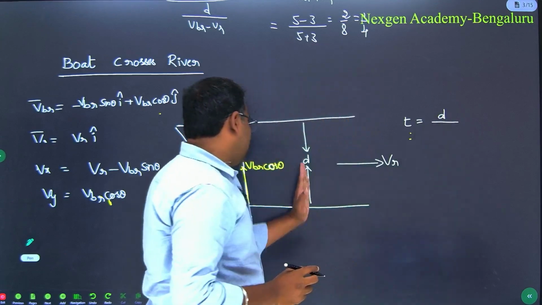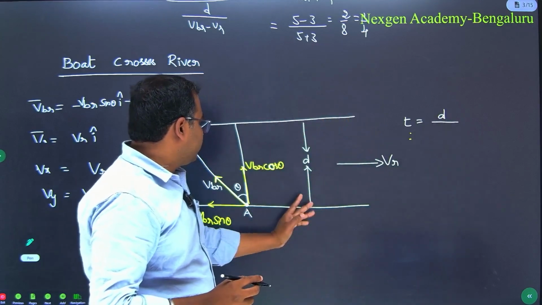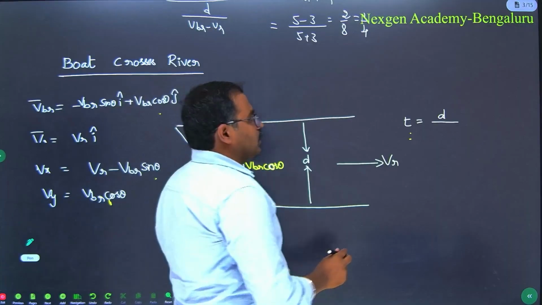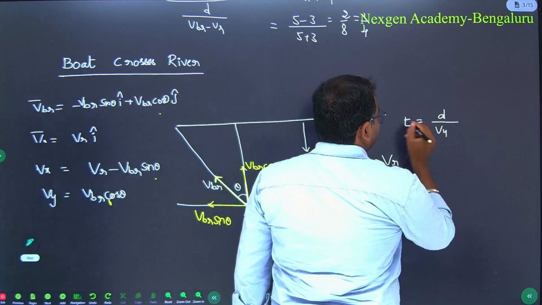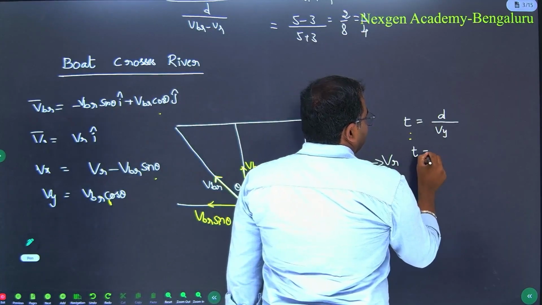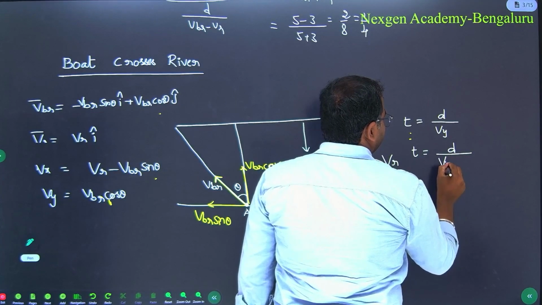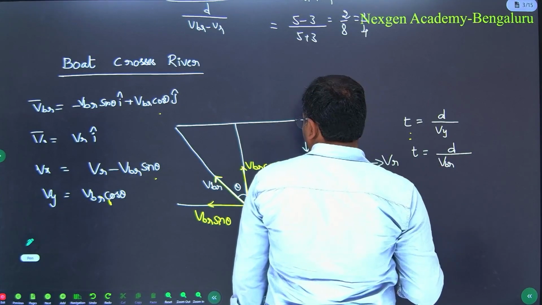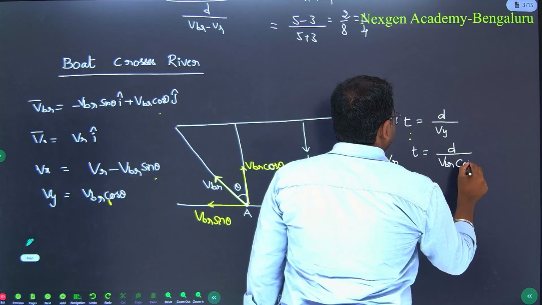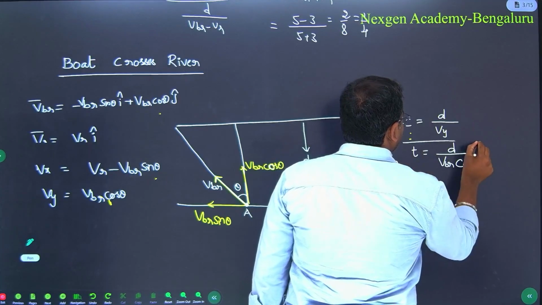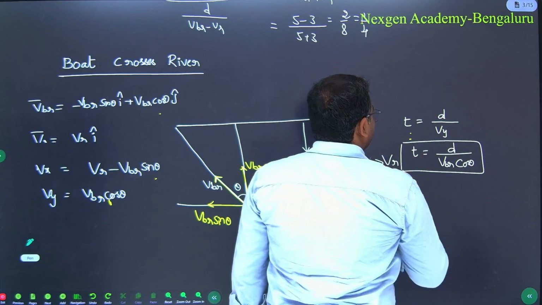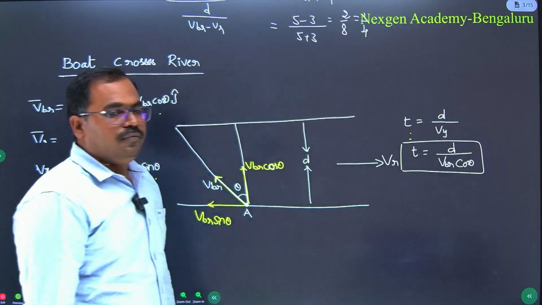Along this y component, that is only VBR cos theta, or you can write this as Vy. So time taken is equal to D by VBR cos theta. This is the time taken by the boat to cross the river.